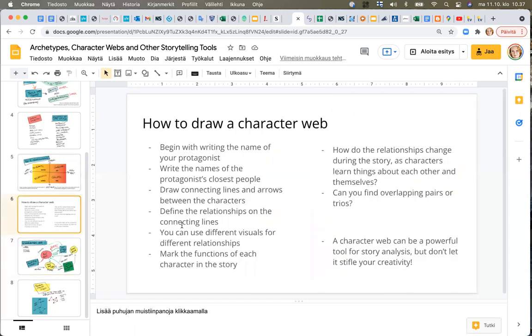Then also the changes between the relationships as the characters learn something from each other and something about themselves as well. Then there are also the overlapping pairs and trios that you should see.